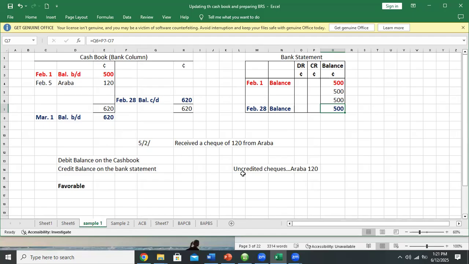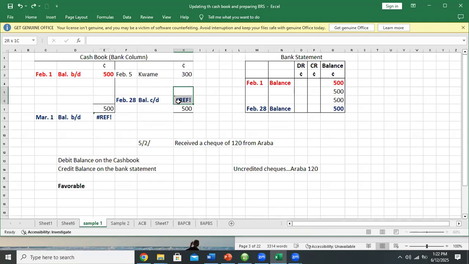Good. Let's look at the scenario where this time we are making payment. So we made payment to Kwame. Let me change the figure to say 300.